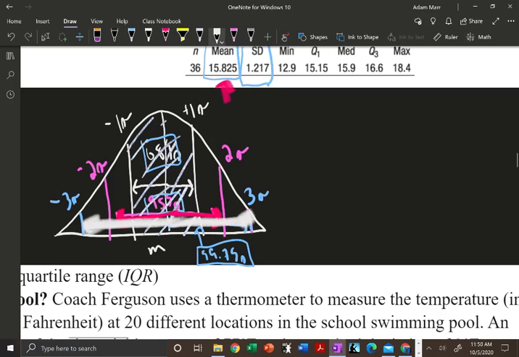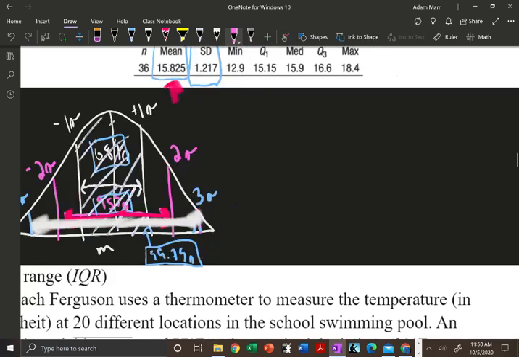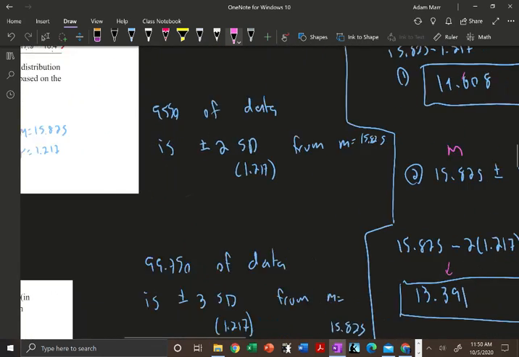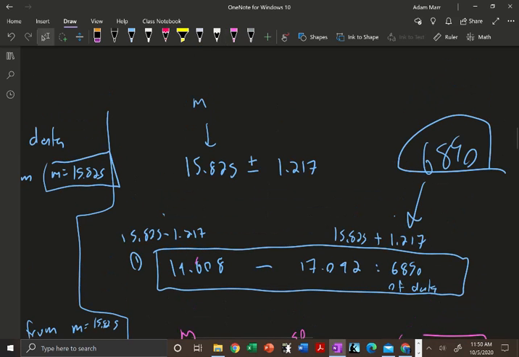So what does that mean specifically? Well, we have a mean of 15.825 and a standard deviation of 1.217. So there's our mean, and there's our standard deviation.